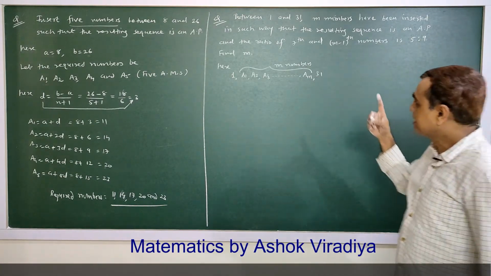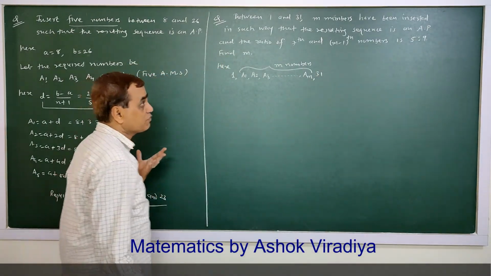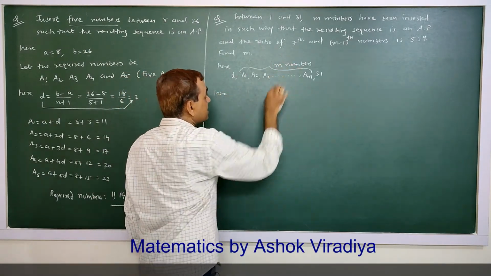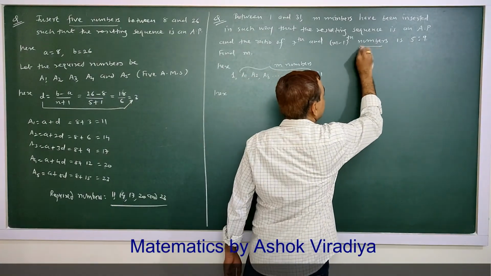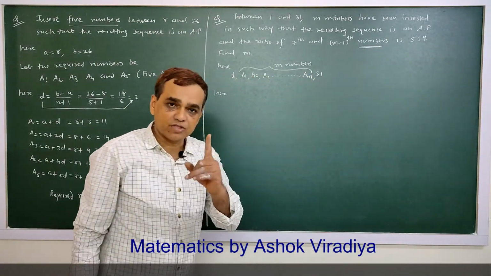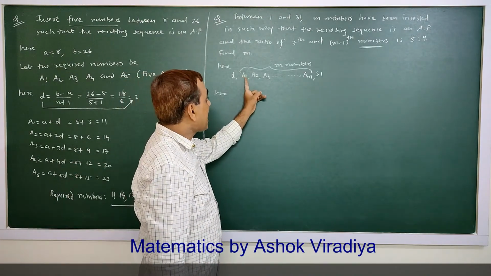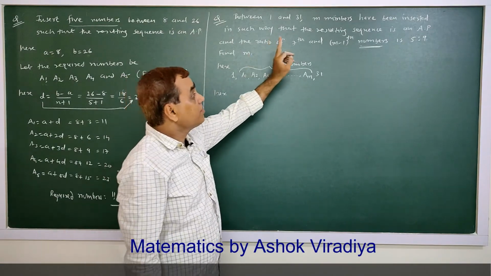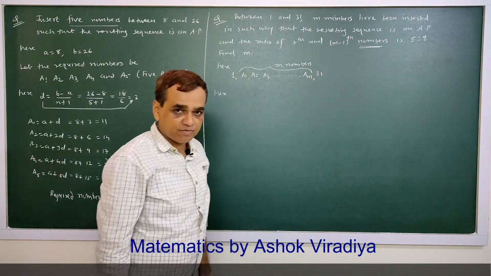Now it is given that the ratio of the 7th and m minus 1th number is 5:9. Here the word is number, not terms. These are m numbers. Out of these m numbers, the 7th number and the m minus 1th number.